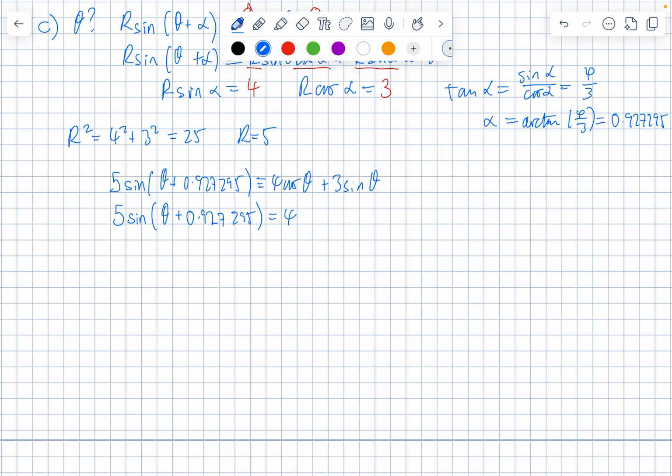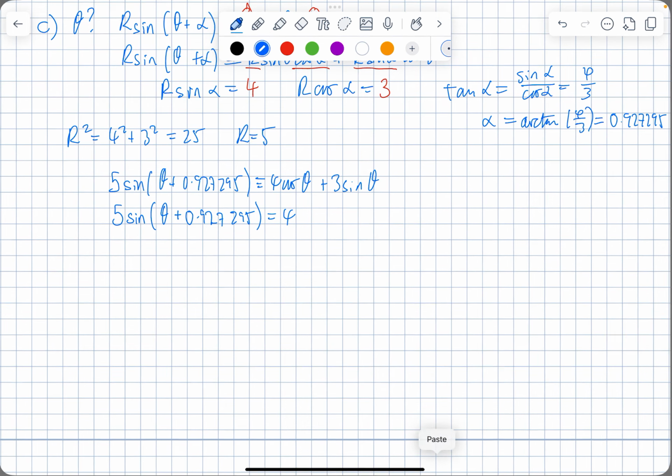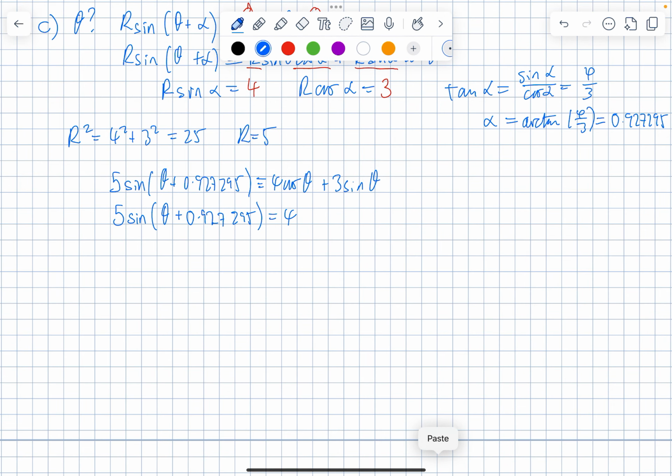We need to find out what theta is. So this means that theta plus 0.927295 is equal to arc sine of 4/5.